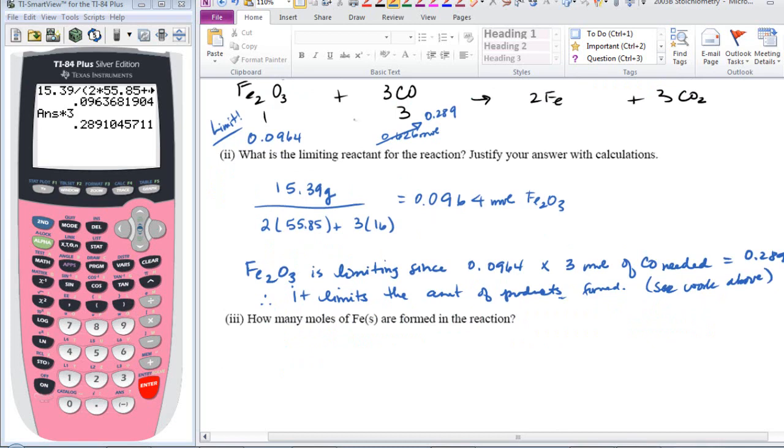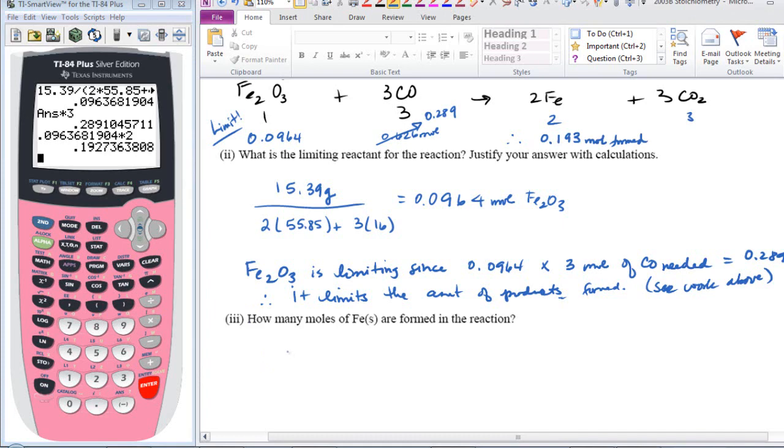Well, if this is a 2, that would be a 3, so I have a 1 to 2 ratio, so therefore I need twice of that amount, so therefore I need 0.193 moles to be formed, or produced if you prefer that.